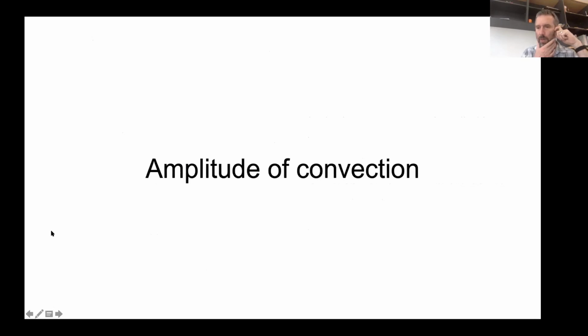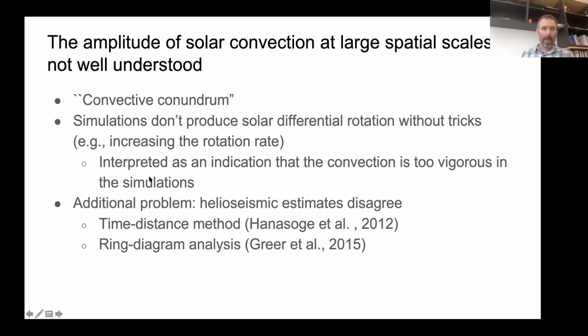Okay, one last topic, amplitude of convection. So the amplitude of solar convection at large spatial scales, I think it's fair to say, is not well understood. And this has been given the name the convective conundrum.